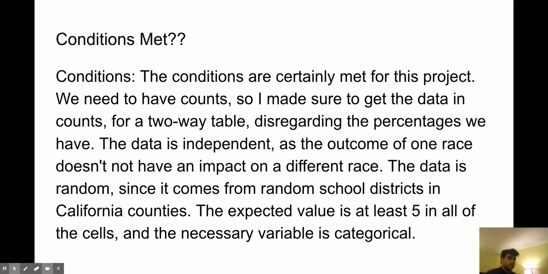The data is independent because the amount of white players isn't affected by the amount of Black players on the team. It's going to be random, so the randomness is also satisfied, and the expected value is at least 5 in all of the cells, so the expected value condition is met too. Since all the conditions are met, I decided to proceed.